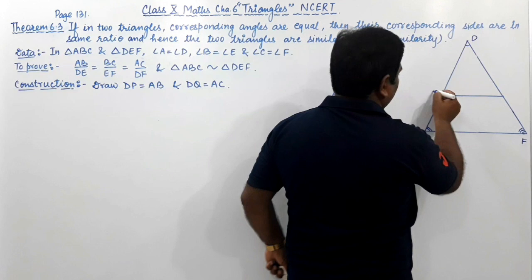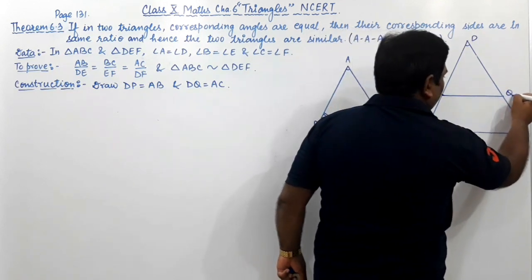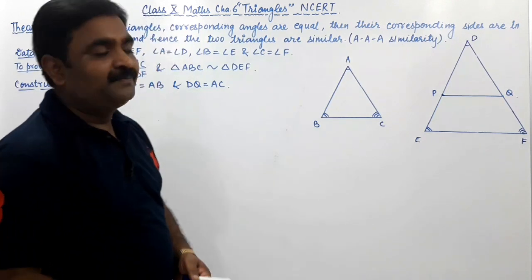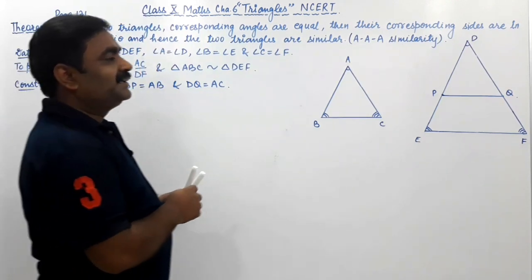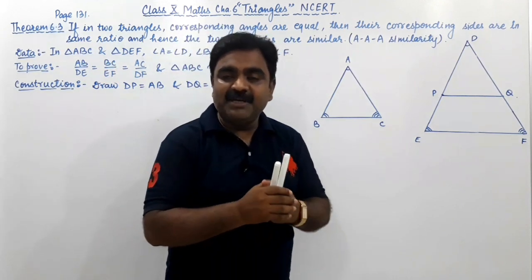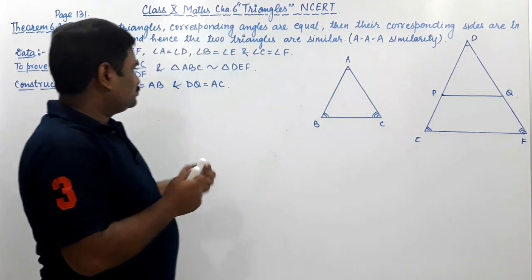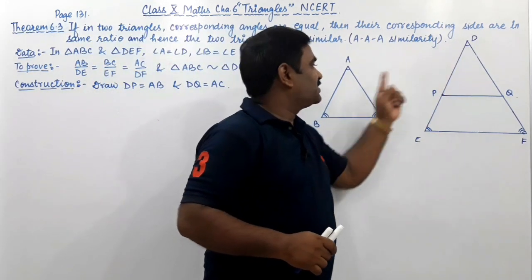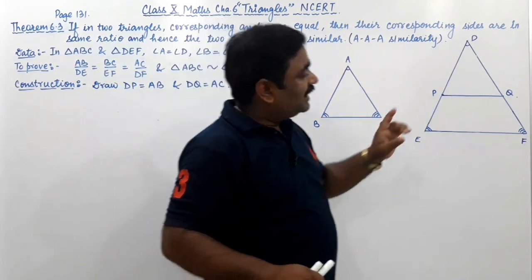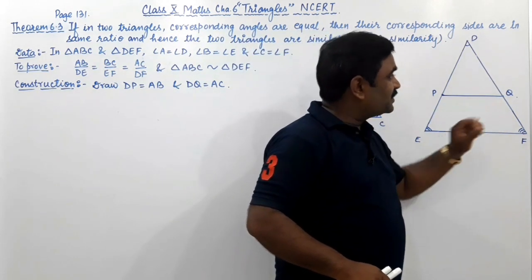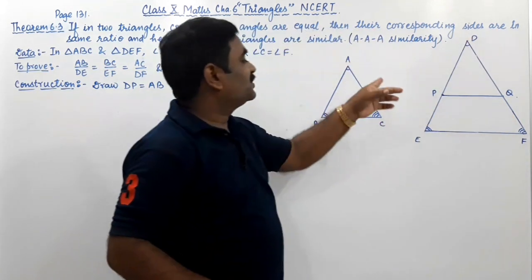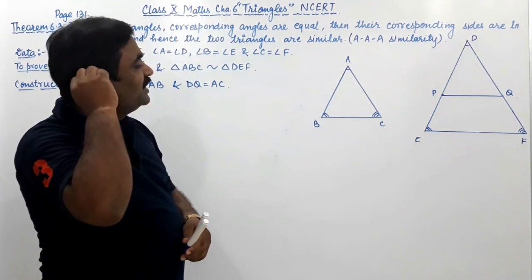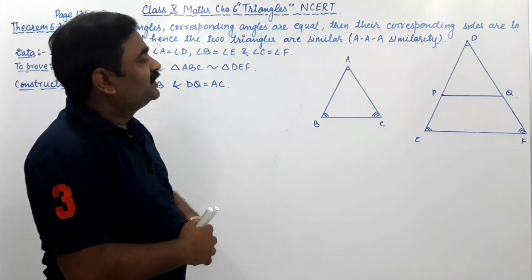We have joined P and Q. Is the point clear? So we have taken a point P such that DP is equal to AB and taken point Q on DF such that DQ is equal to AC. Right friends?